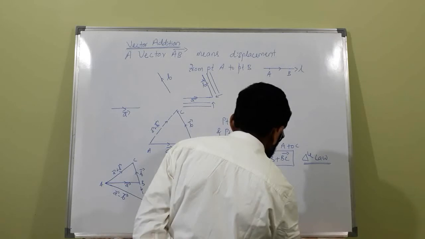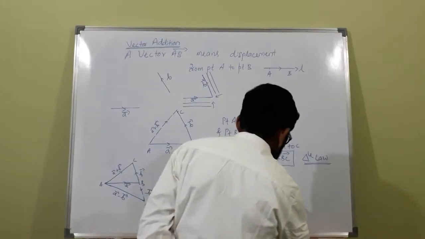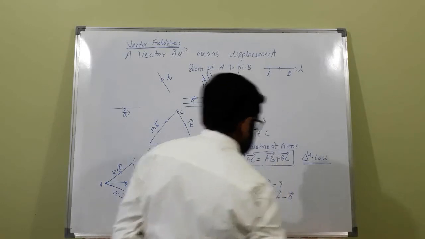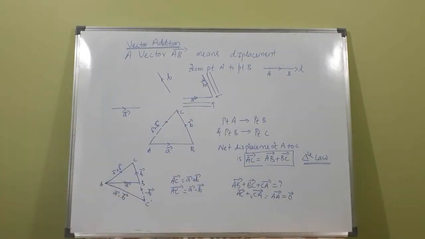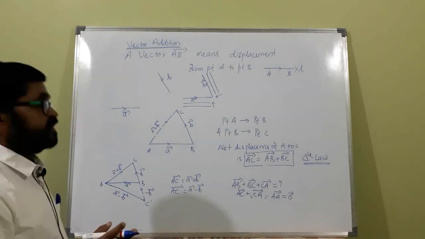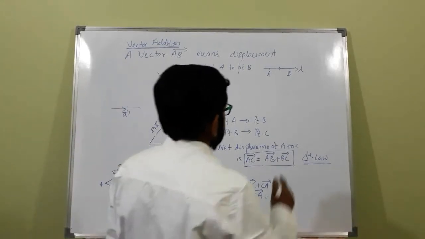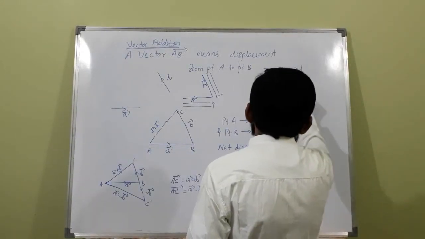A to A means the terminal and initial points coincide, that is a null vector. Remember, in any polygon, suppose the sides are denoted by vectors, the sum of all sides is equal to 0.